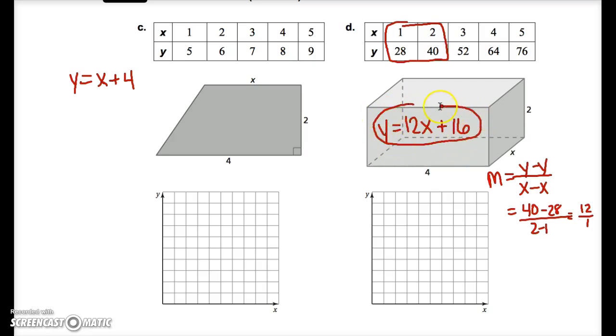So that's another way you could figure out your pattern or your equation if you can't just figure it out in your head. Figure out what the slope is with those numbers, and then if you need anything else added on, you can go from there. So you may want to make a note of this equation. It's been a little while since we talked about it, but that will come in very handy.